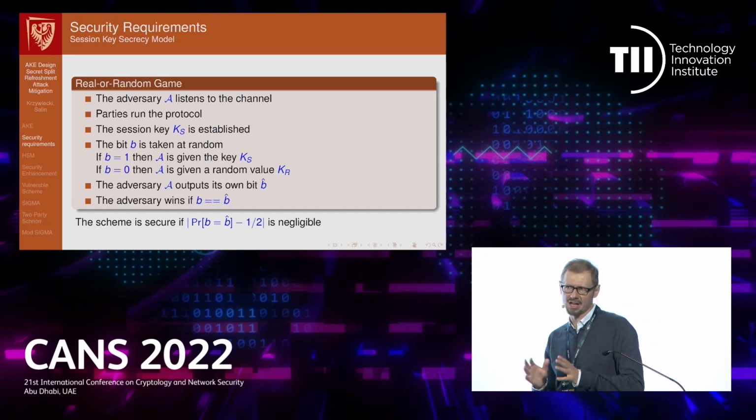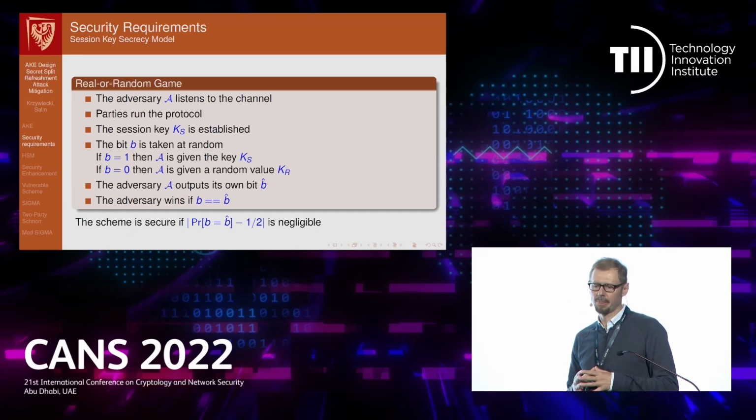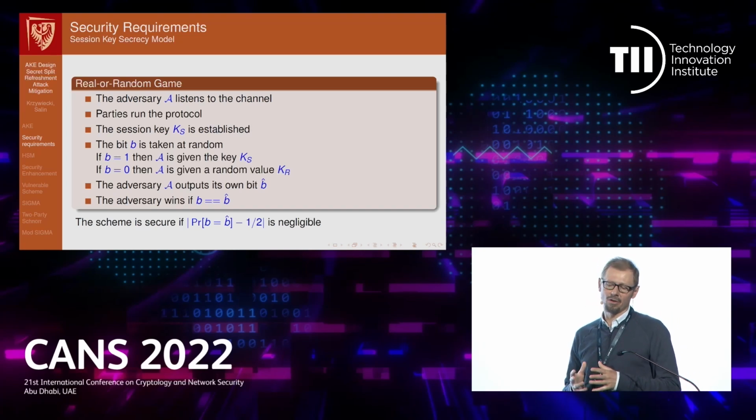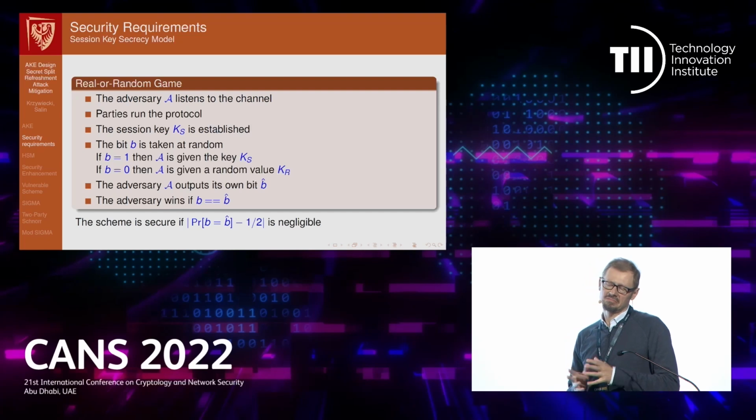There are some different aspects in different models, but usually when the protocol is completed, when both parties compute their session keys, the attacker is given one of two possible keys: the real established session key denoted by KS, or a key which is random but indistinguishable from the real session key.